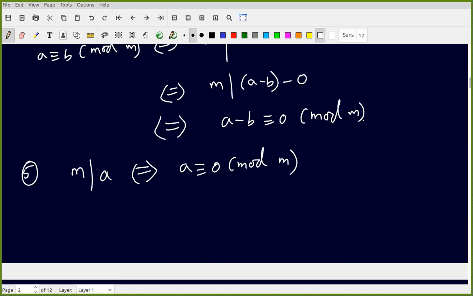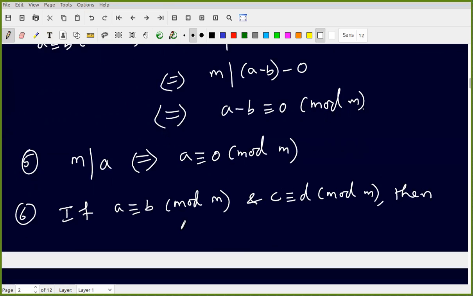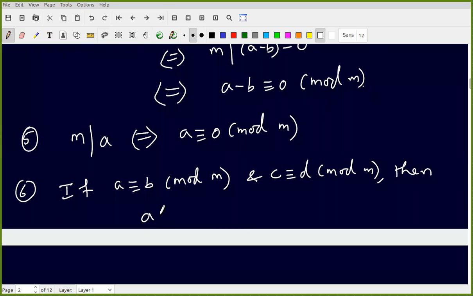Property: if A is congruent to B modulo M and C is congruent to D modulo M, then one can add the congruences: A plus C is congruent to B plus D modulo M. That is the addition of the congruences.